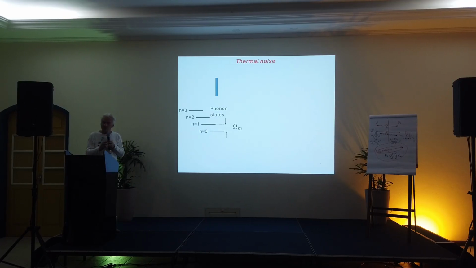With this guy, it's very different. You have to fight, because at room temperature, this oscillator will have about 1 million phonons in it. And how do you find this million? Well, you take k_B T, which is the energy, and you divide it by h bar omega, and lo and behold, you get 10 to the 6, 10 to the 7 for the oscillator with 1 megahertz frequency.